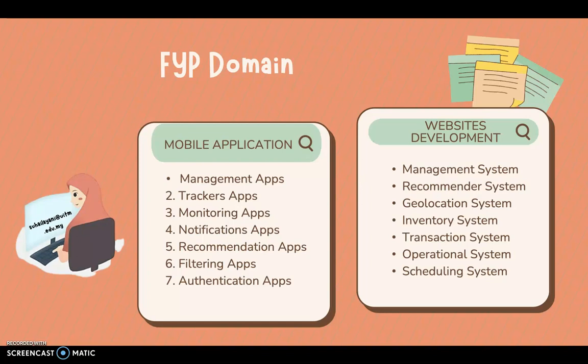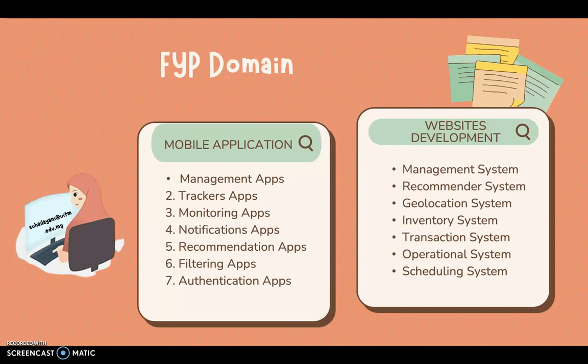You can use a tracker app with a geolocator to track your system's mapping. You can also use a mobile application to monitor, so we call it a monitoring app. You need to monitor the health condition, or you need to monitor a bus route. That's how we can focus on the domain.